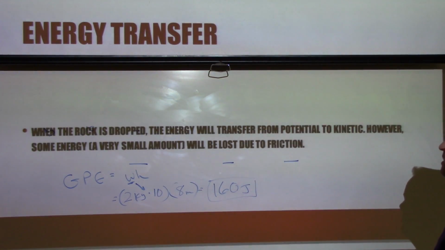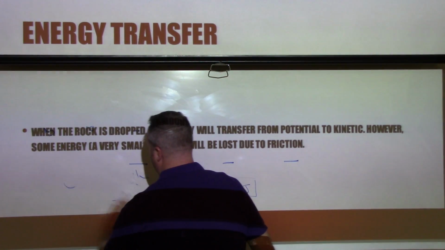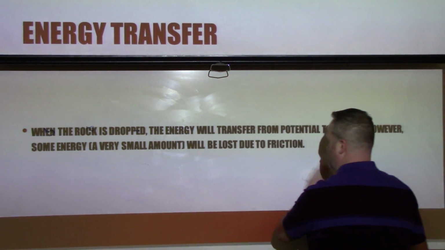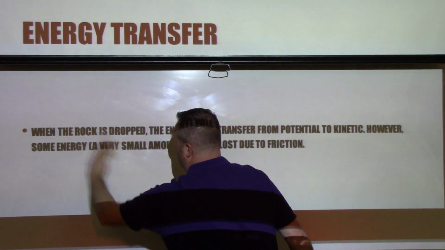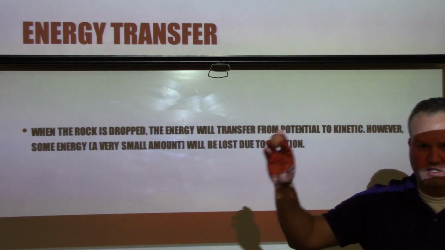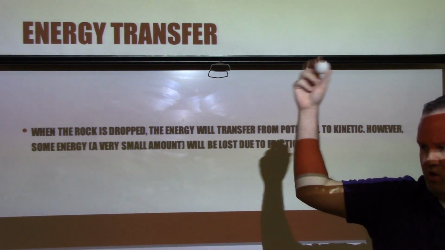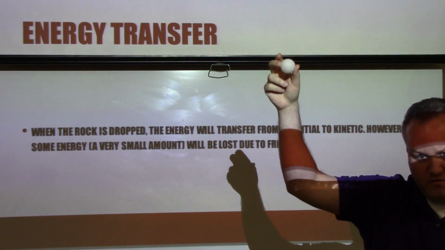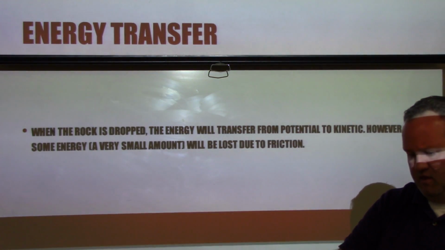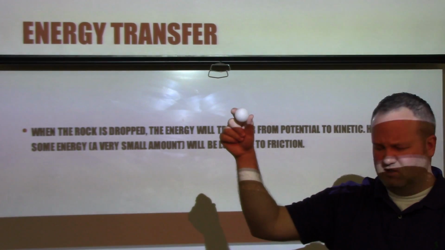Okay. Now, one thing I want to go back to is when I drop the object on the ground. We can say we have an object, and it's going to have a certain amount of potential energy. When I release it, it's going to fall, and the amount of joules it has is going to stay the same.